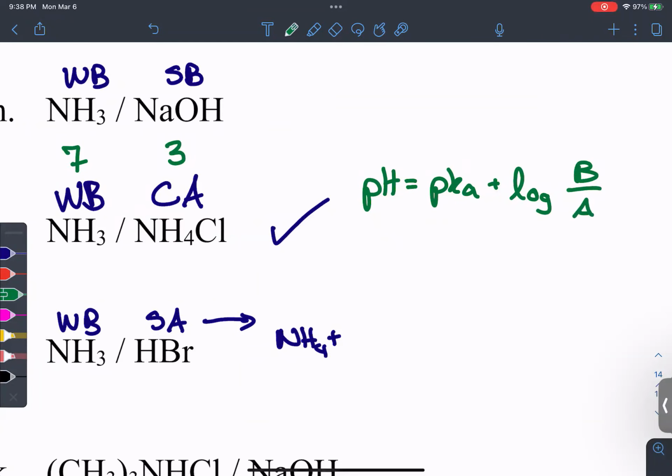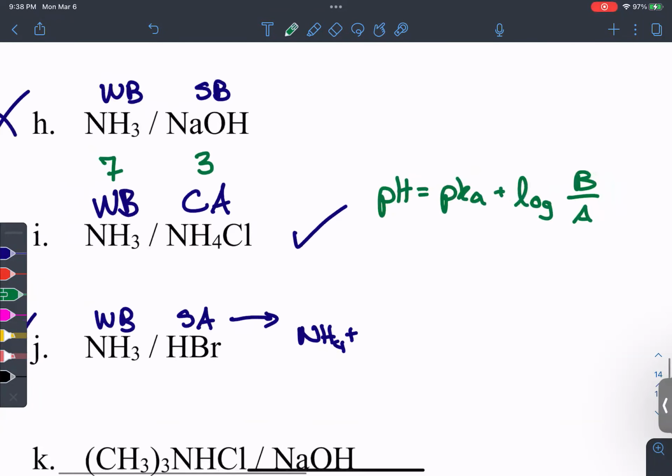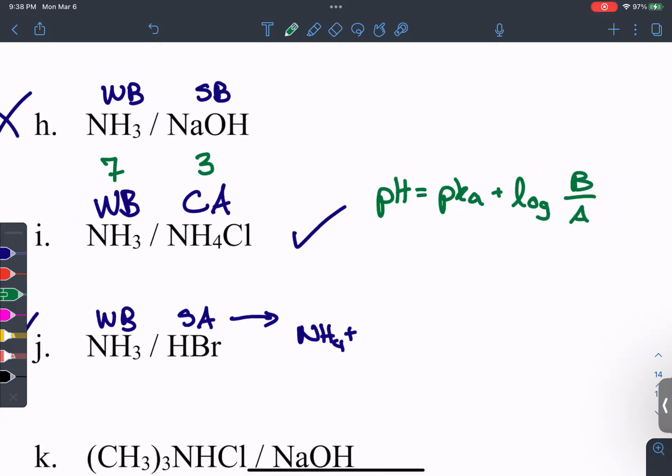What's my base over acid ratio? What's my weak base and what's my weak acid? How much base do I have? 7 over 3. Yes, because NH3 is a weak base, NH4+ is the weak acid.